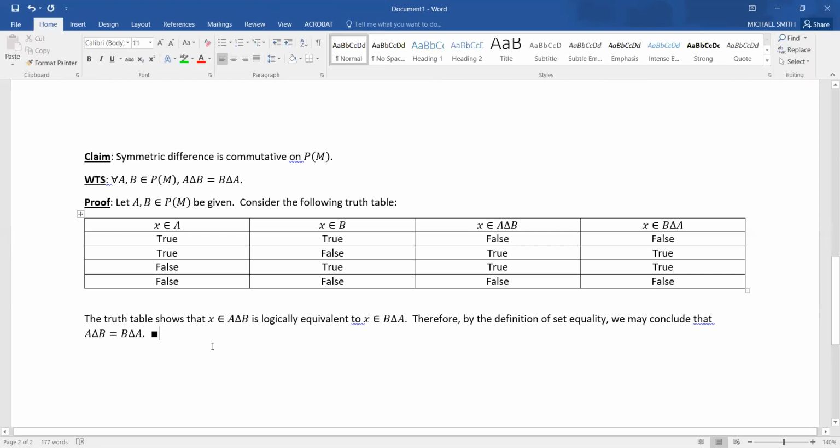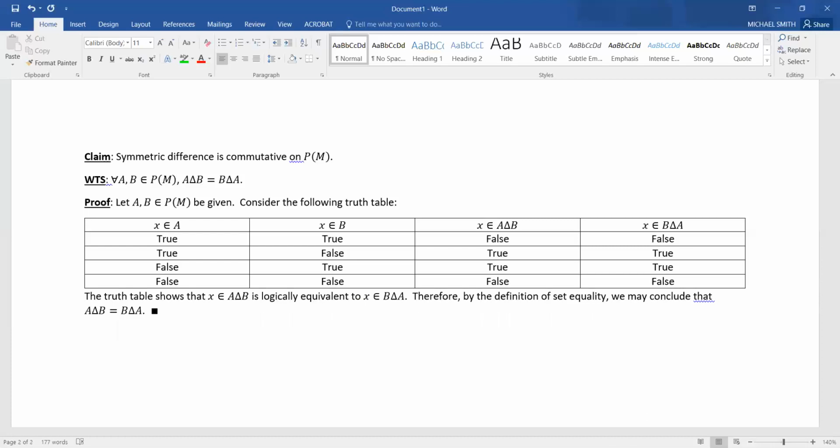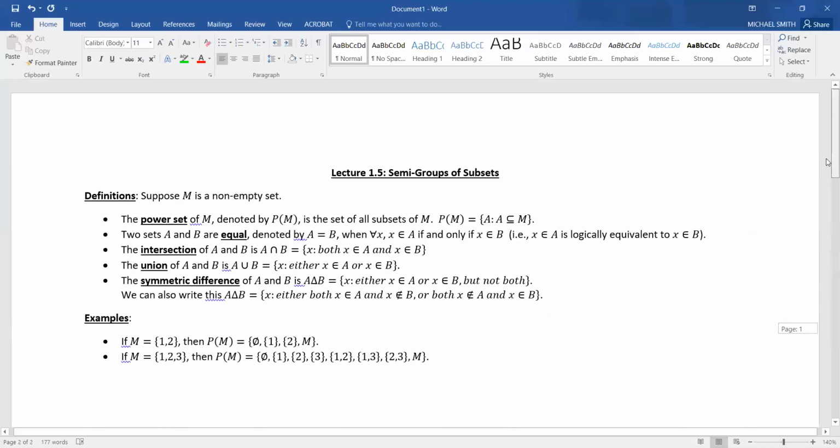The key to this proof is remembering, first of all, from foundations, set theoretic identities should always be proven with truth tables. And second of all, to understand that the symmetric difference operation is analogous to the exclusive OR.